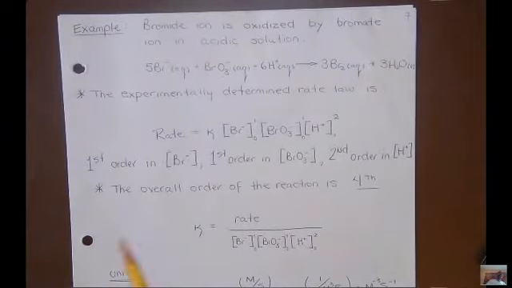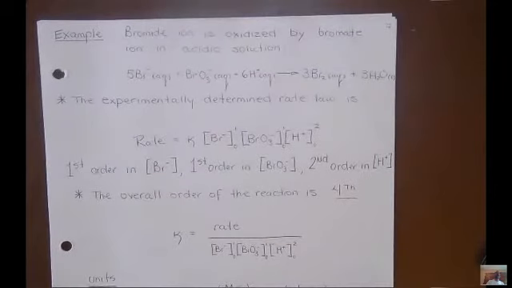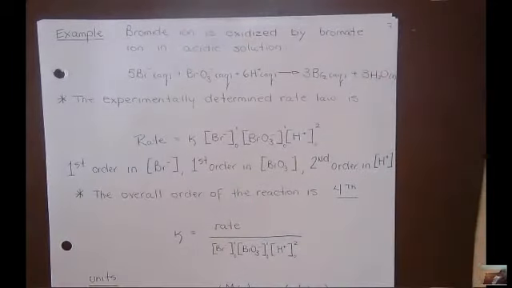In general, your job is going to be to figure out that it's first order in bromine, first order in bromate, and second order in hydrogen. But in our case, I'm going to give you that. So let me read the example all the way through and let's do it.